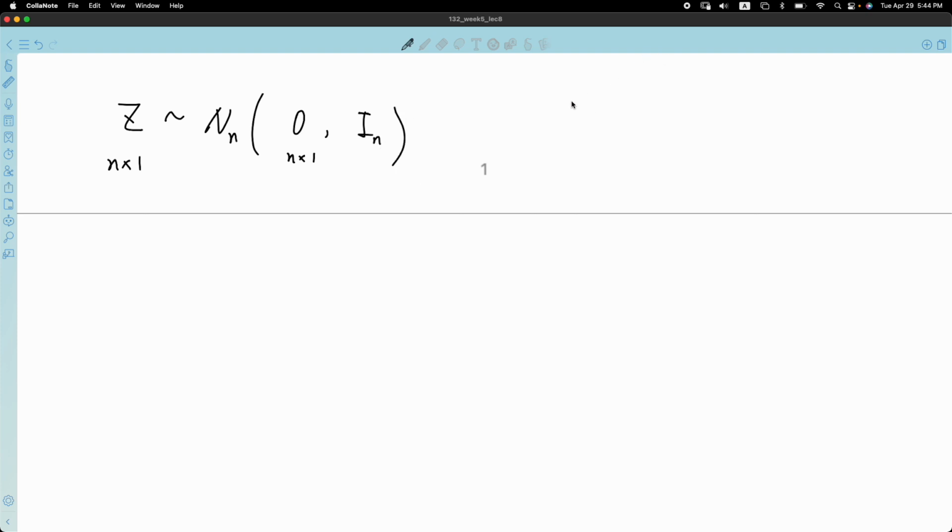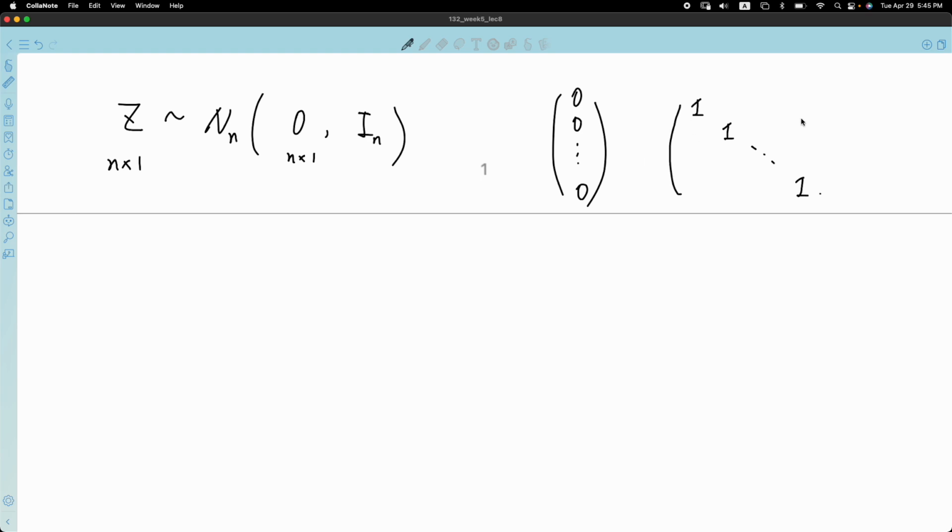The 0 vector refers to n zeros. The identity matrix means that your main diagonal elements are all 1 and the remaining entries are all 0. I'm just leaving the empty part empty, but the empty part refers to 0.